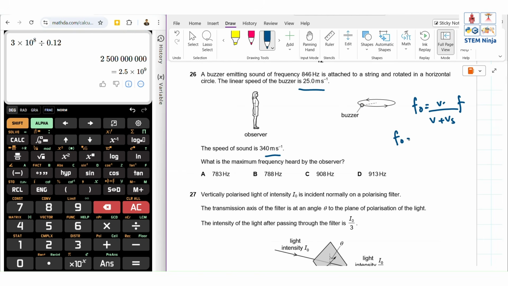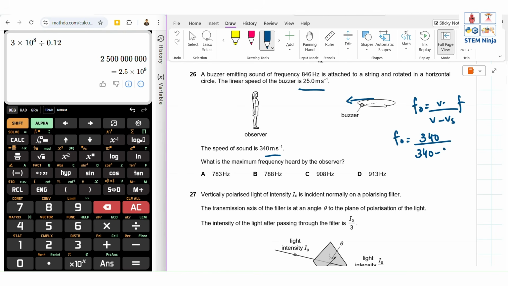So maximum frequency will be where it's coming towards the observer. So sorry, we will use a minus sign, because the frequency will be maximum when you reduce the denominator. So when it is coming towards it, the negative sign will be used over here.